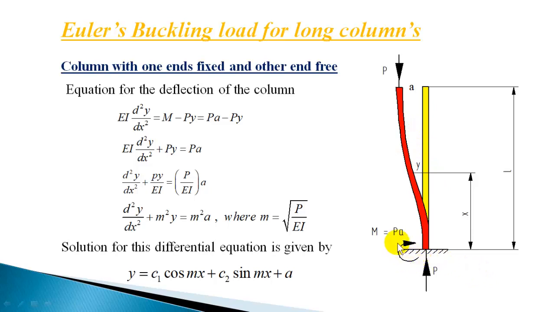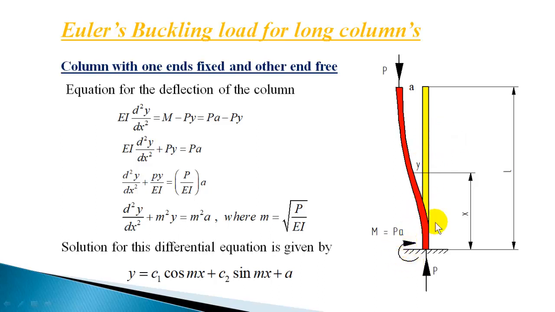The fixed end will produce a resisting moment M at the bottom. So M minus P into A, the couple formed by these forces, is equal to 0. That is the moment summation: M minus PA is equal to 0, or M is equal to PA.